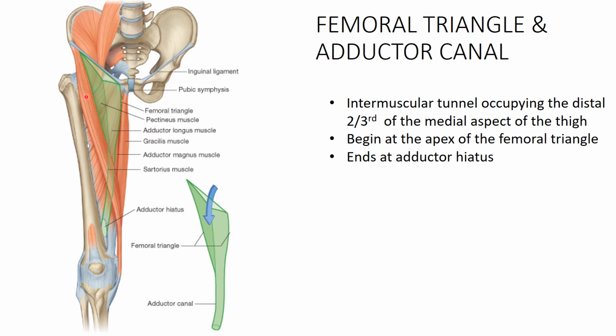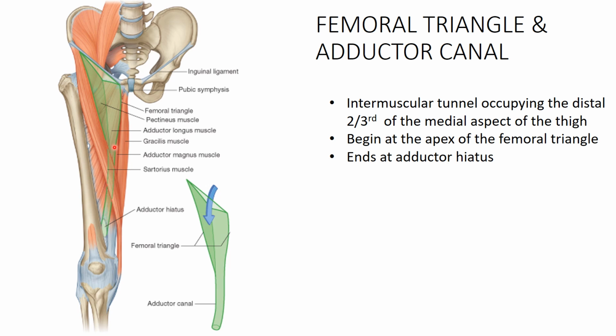Also, since it lies beneath the sartorius, this is known as the subsartorial canal. Being in the plane of the adductor muscle, it is known as the adductor canal. This is also known as Hunter's canal because of the name related to John Hunter, a scientist who discovered it. So this is the Hunter's canal, adductor canal, or subsartorial canal, and this is the distal continuation of the apex.